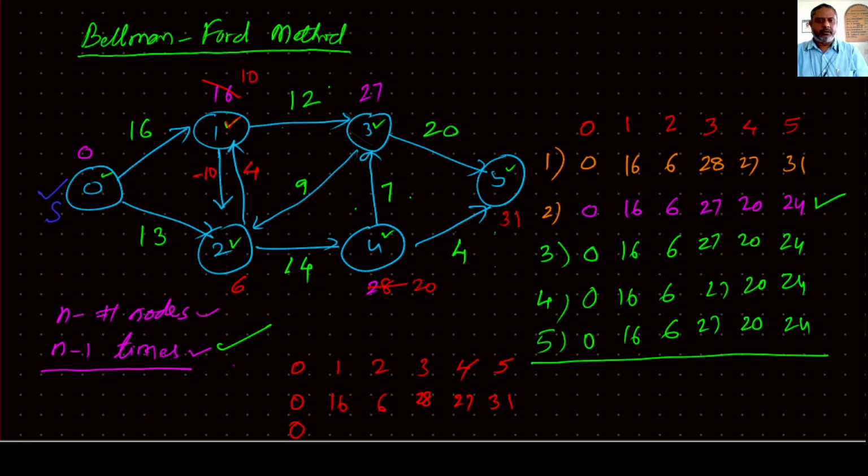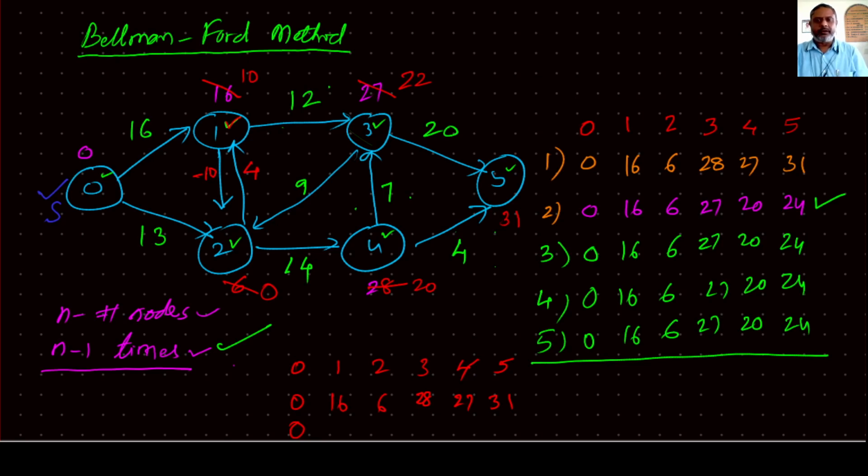Then going to 1, 10 minus 10 makes this 0. Then 10 plus 12 makes it 22, a better option. Then that's it. Next 20, 22, 31.